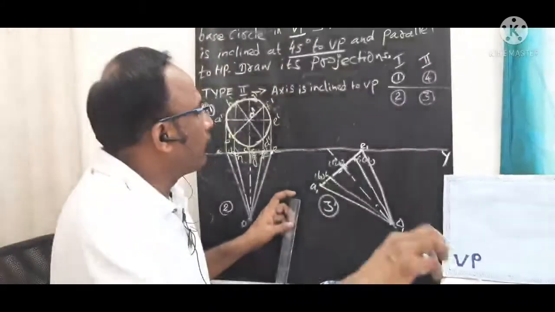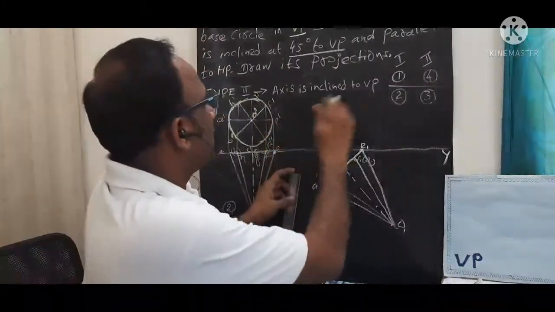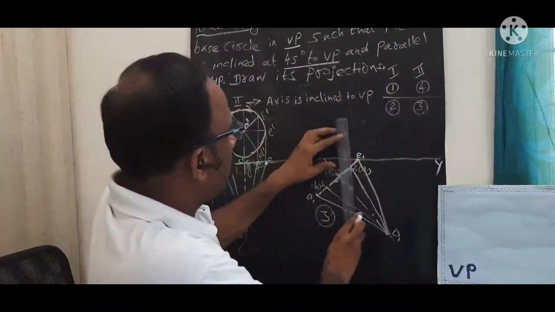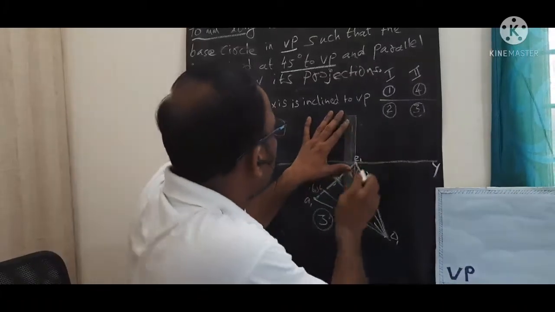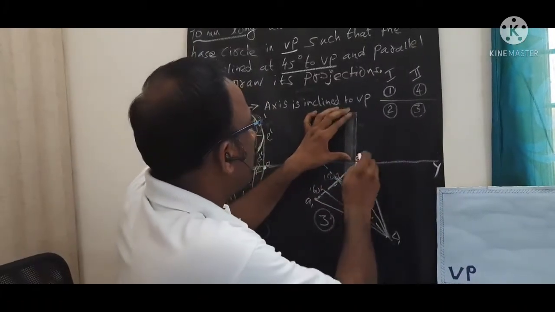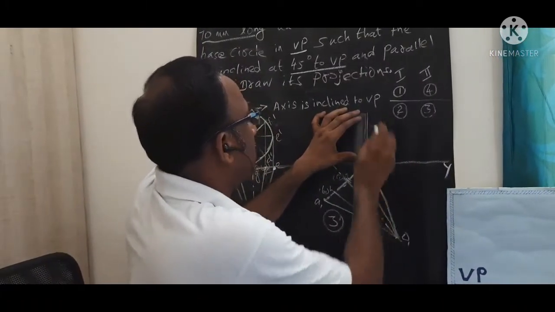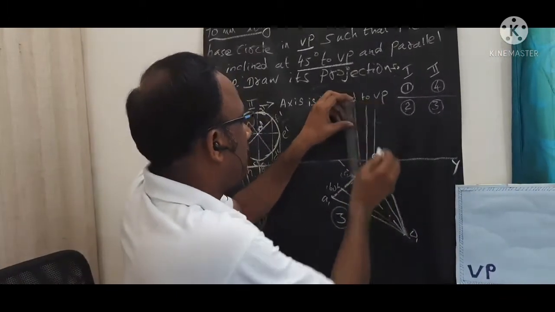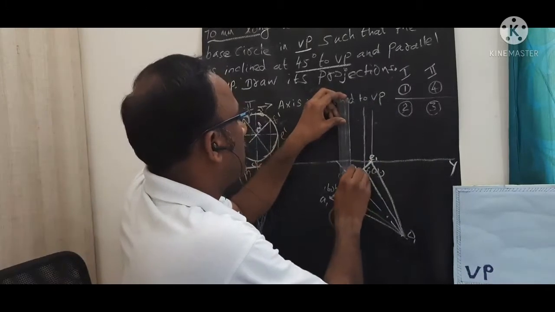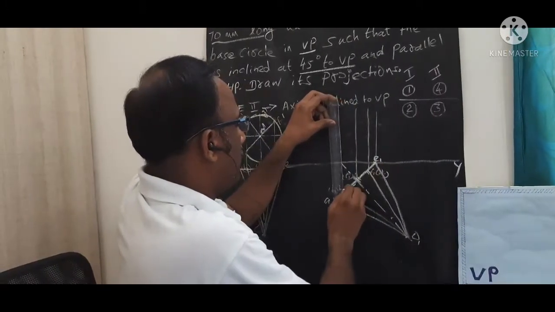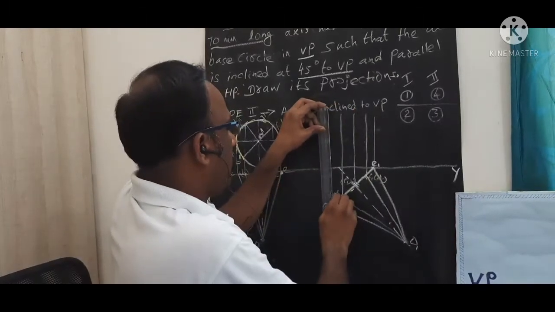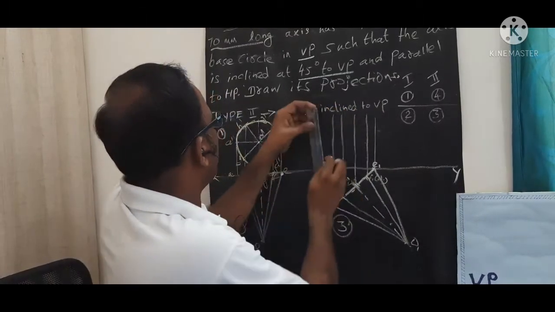For the final front view, we need to draw the vertical and horizontal lines. First I draw the vertical line from this E1 point and F1 point, then from this center point, then from this particular point, and finally from this particular point.